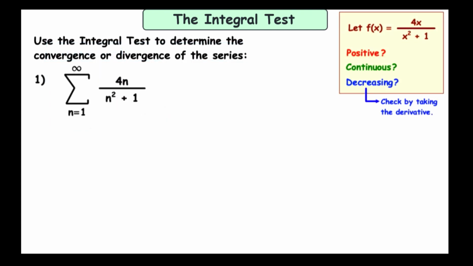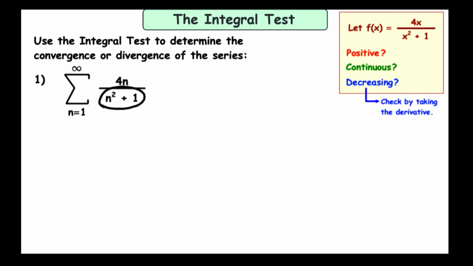I think this deserves a little explanation. If I was trying number 1 in the last section, 9.2, I would stare at it and be like, all right, well, is this thing geometric? No. Can I factor it and use partial fractions and make a telescope?